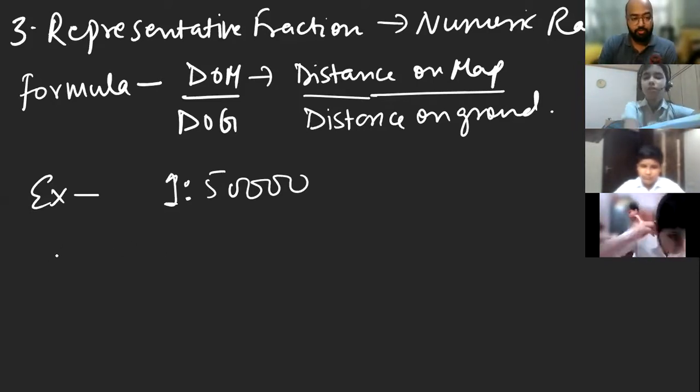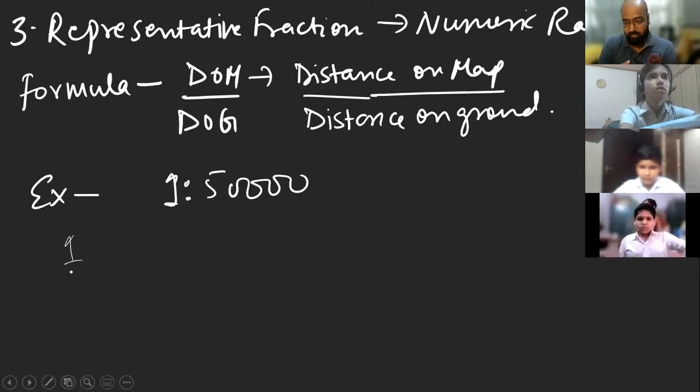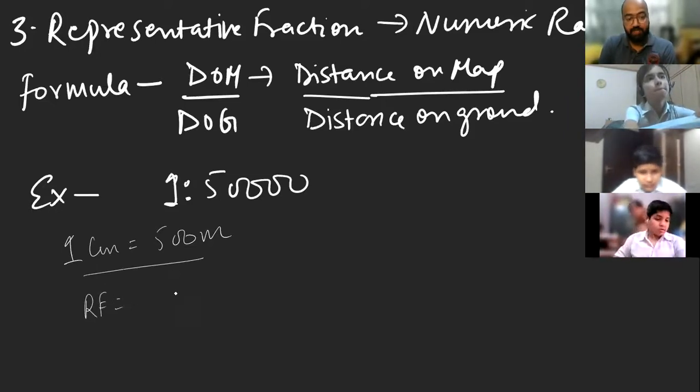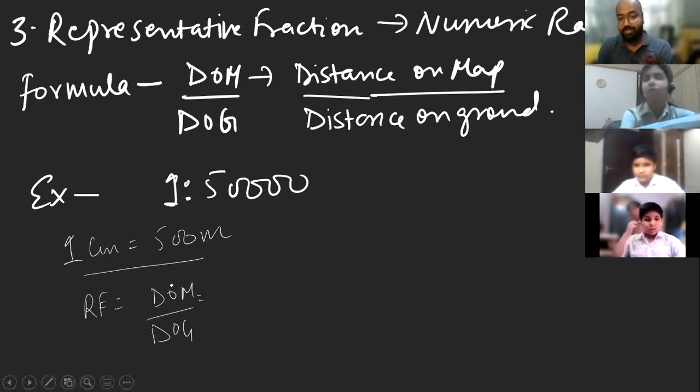So suppose we take up the first statement that we have seen in the statement scale: 1 centimeter equals 500 meters, right? Now, the formula of RF is DOM oblique DOG. DOM is distance on map.